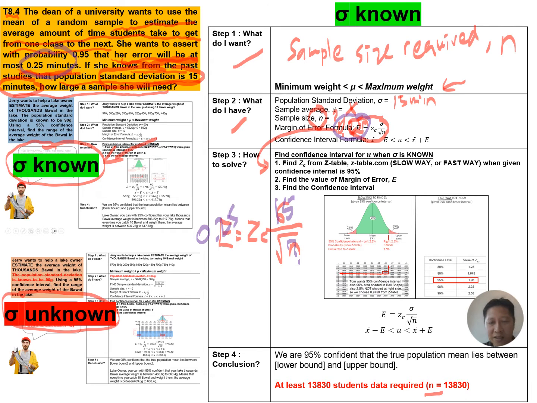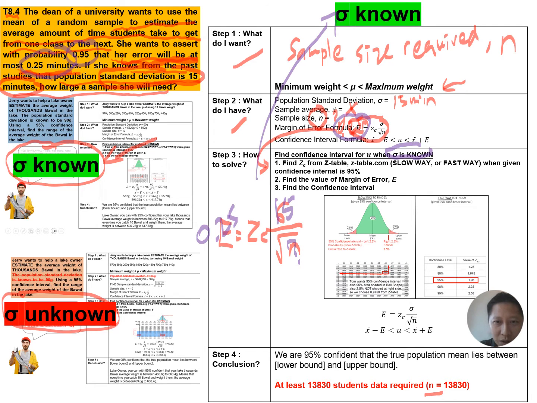The Zc is the critical Z-score number. That depends on the question. The question says that we want 0.95 probability, which equals 95%. This problem relates to population standard deviation known, so we're going to use the Z table.